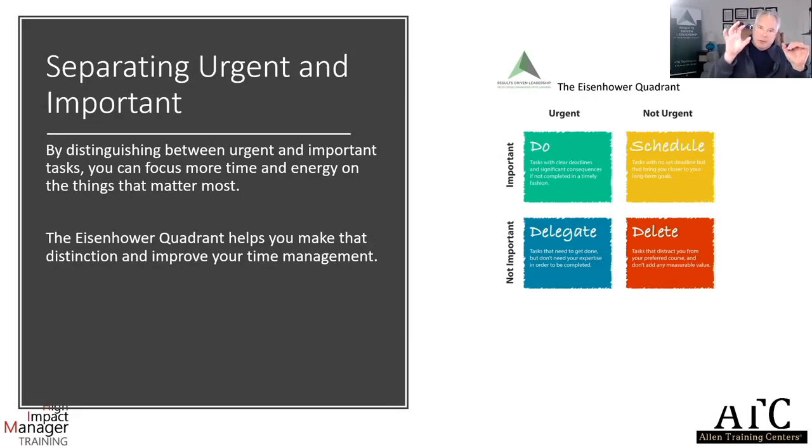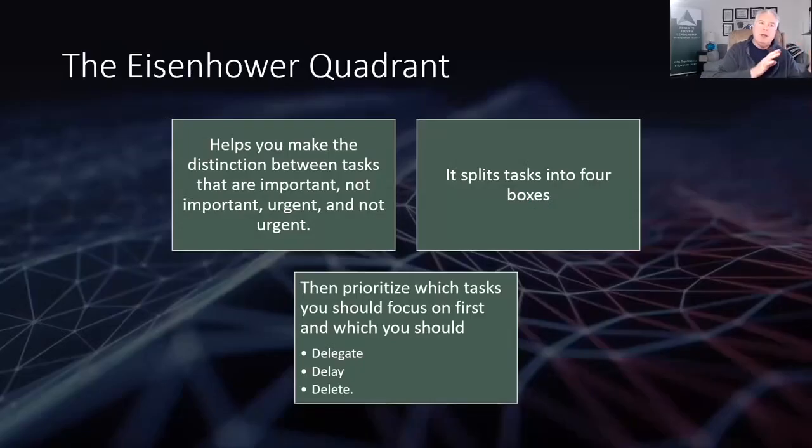If you really want to improve your time management, if you really want to become highly effective and results driven as a manager, this one tool, if embraced, if committed to, this is where your habit changing improvements will come, is this one exercise. I promise you. So let's talk more about the Eisenhower Quadrant.